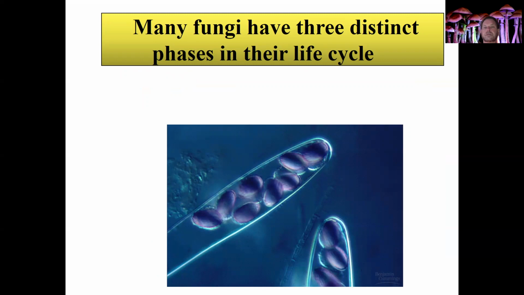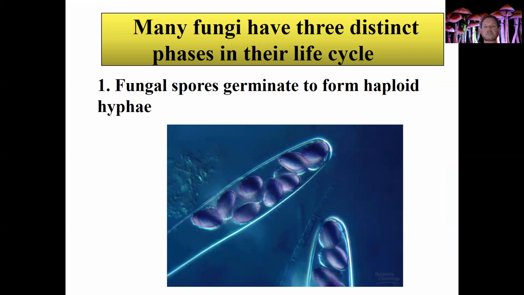Fungi have 3 different life cycle phases. You have the spore that germinates to form haploid hyphae, the threads.